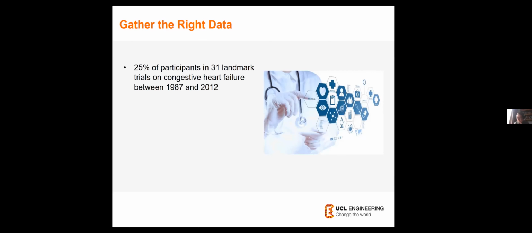So medical data. 25% of participants in 31 landmark studies on congestive heart failure between 1987 and 2012 are women. It's not quite the same as the number of people in the population who are women.